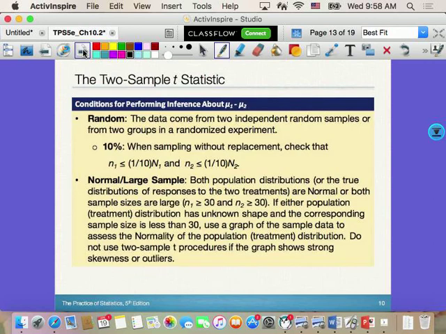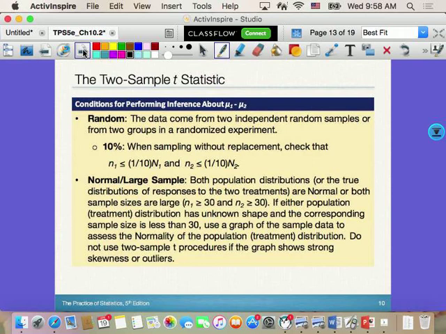All right, the conditions when you are doing a confidence interval or a test about mu 1 minus mu 2. Okay, so we've got two different sample means, and we're going to do some kind of inference about the population means. Again, random: both have to be from random samples, or both have to be from random assignment to treatments if you're doing an experiment.